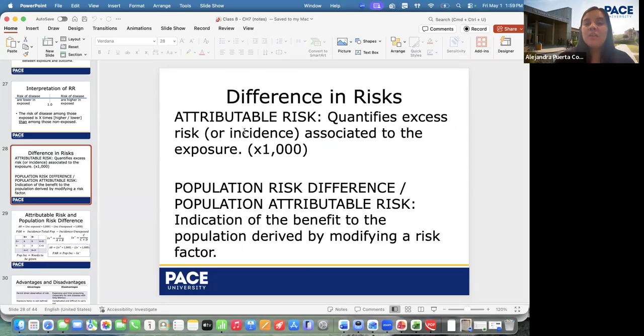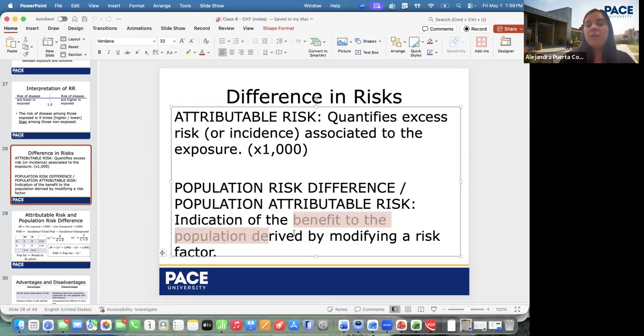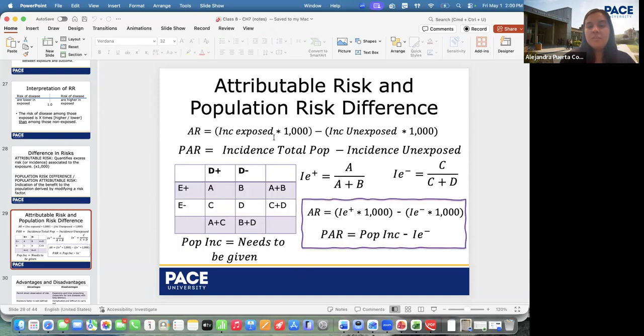Attributable risk, that is going to quantify the excess risk associated to the exposure, and population risk difference, that is, if I took the exposure away, how many cases would I really have? So this is going to tell you the benefit to the population by modifying a risk factor, right? And then formulas, you still need the incidence in the exposed minus the incidence in the non-exposed, that's the attributable risk.